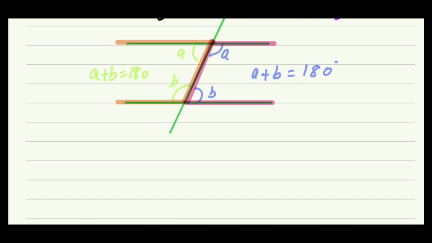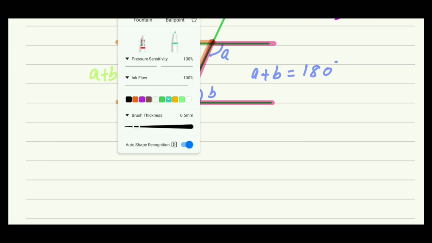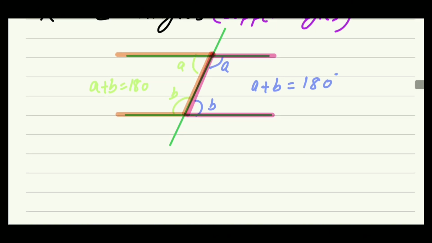Okay, third is X angles, and they are called vertically opposite angles. But first of all, we will discuss F angles, corresponding angles.